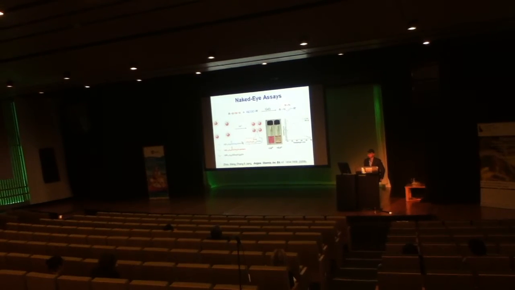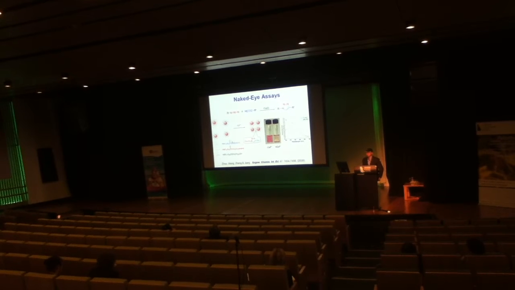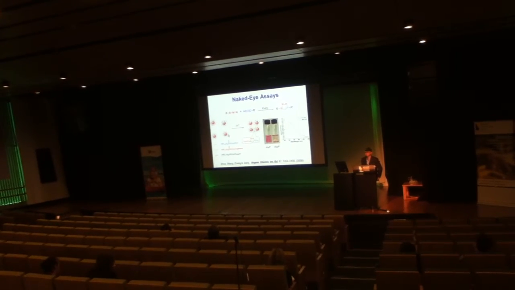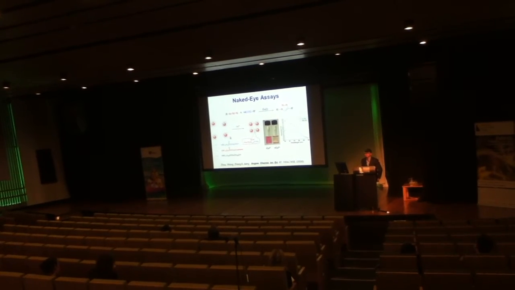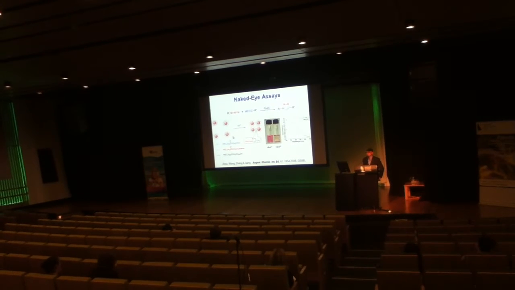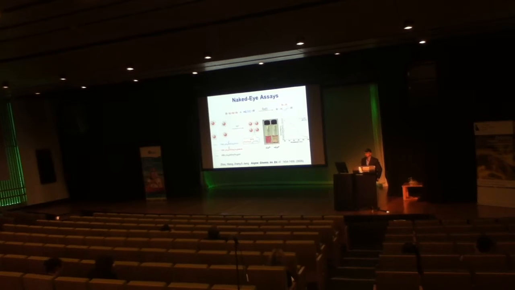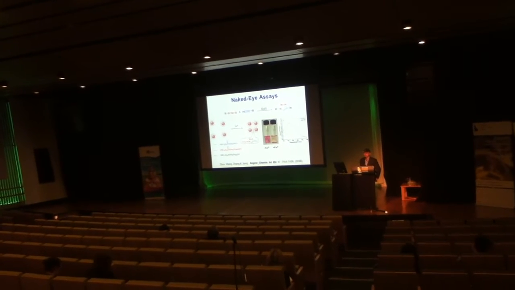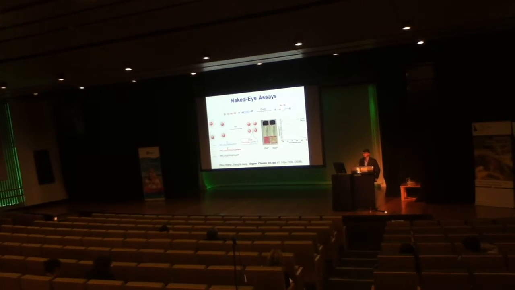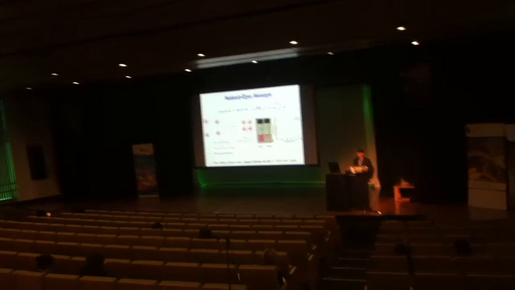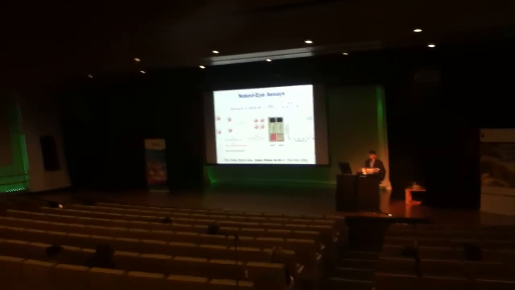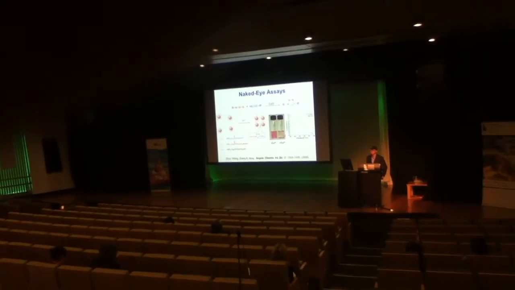So my student Zhou Yang actually took a lot of time to synthesize these molecules to put on the surface of the gold nanoparticles, and finally we came up with ones that would actually work precisely as we had anticipated. That is, without the addition of copper, the aqueous solution is pinkish. With the addition of copper, we get aggregation as a result.